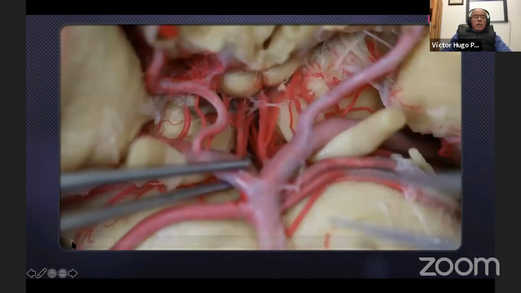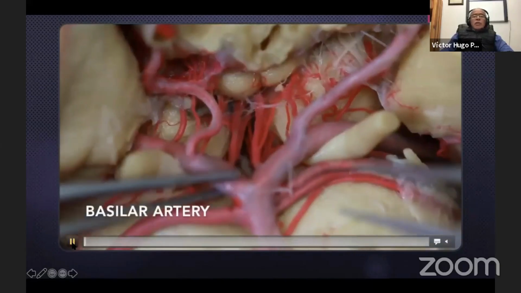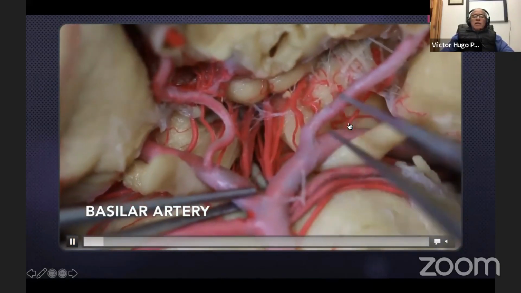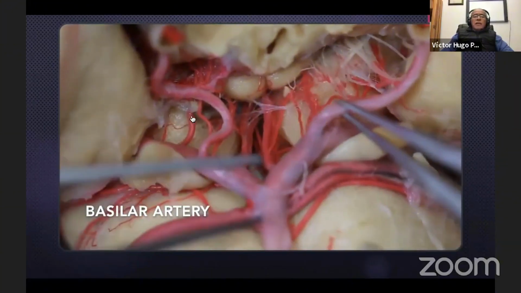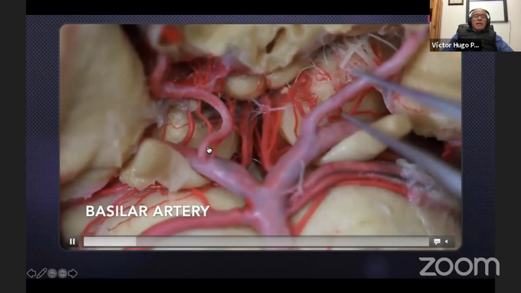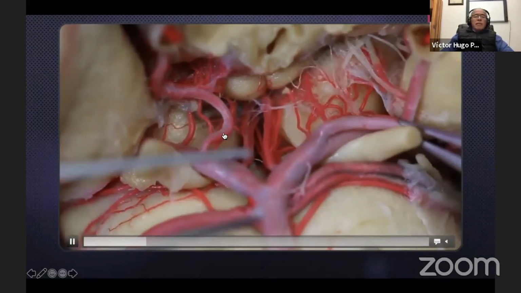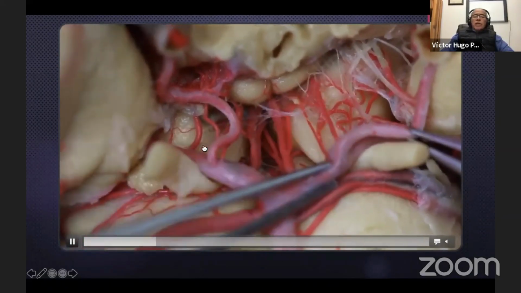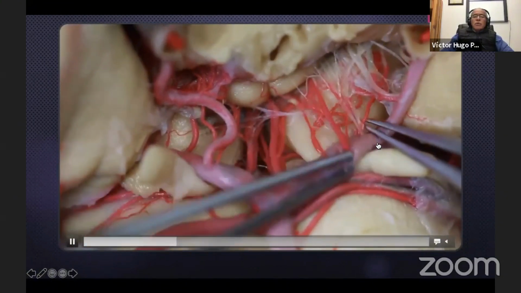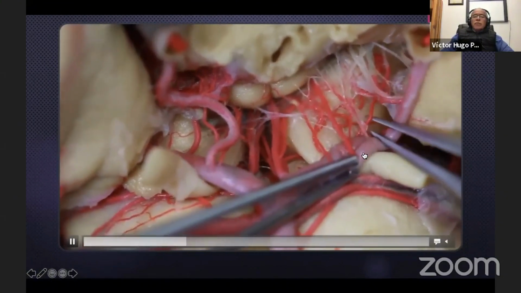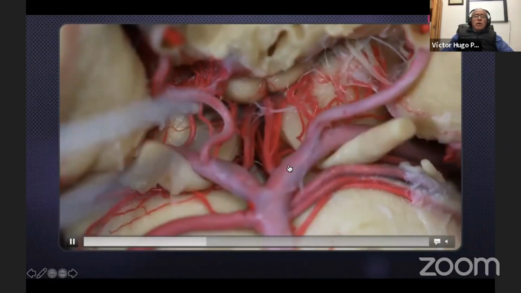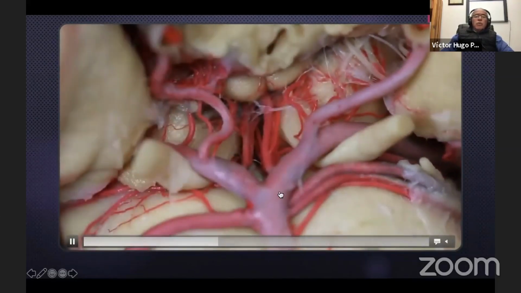Here we have another video in which we can see the posterior part of the circle of Willis. On this side, we have a hypoplastic posterior communicating artery, and in this one, we can see these branches coming from the posterior communicating artery and also from P1 and P2.